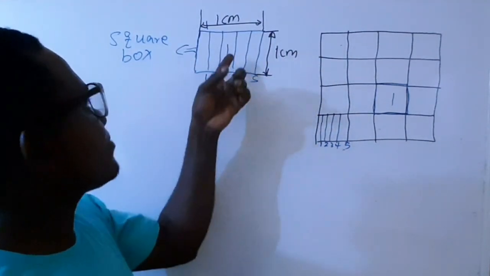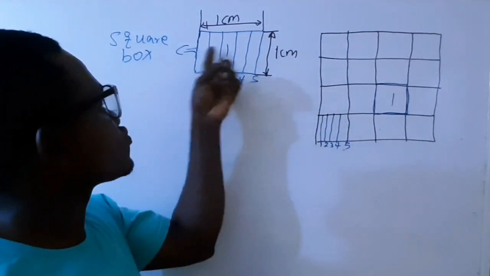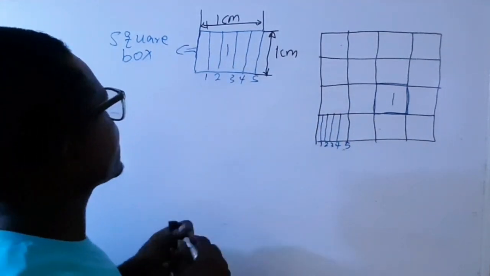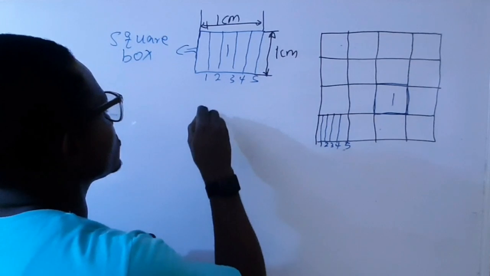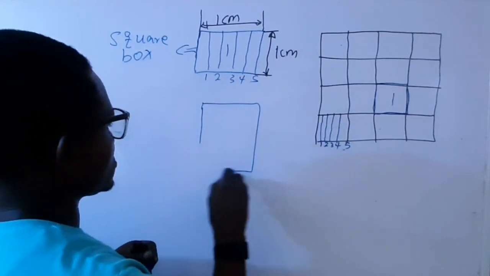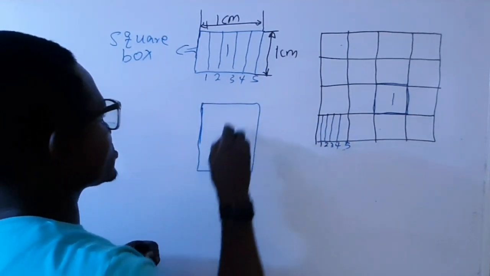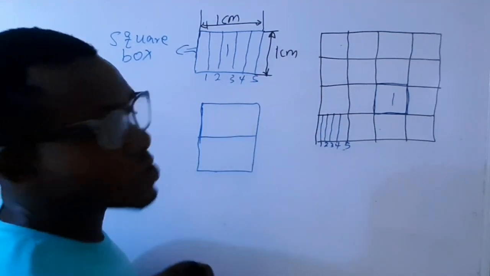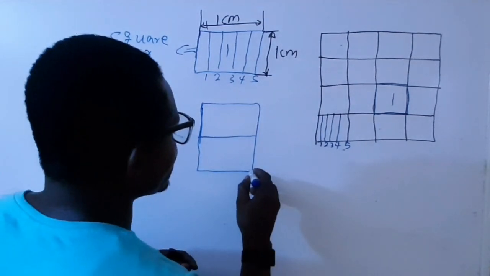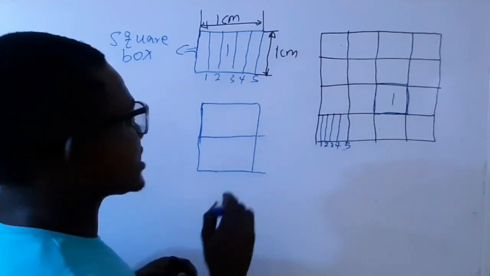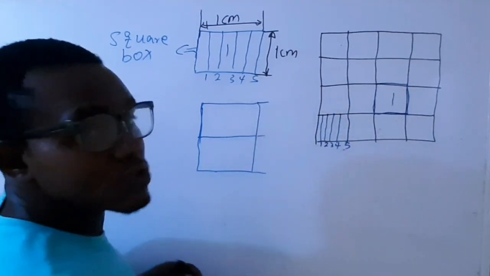If I now put two of these together, if I now have 2 square boxes, what does it mean? It means that from here to here is 1 centimeter, from here to here is 1 centimeter.